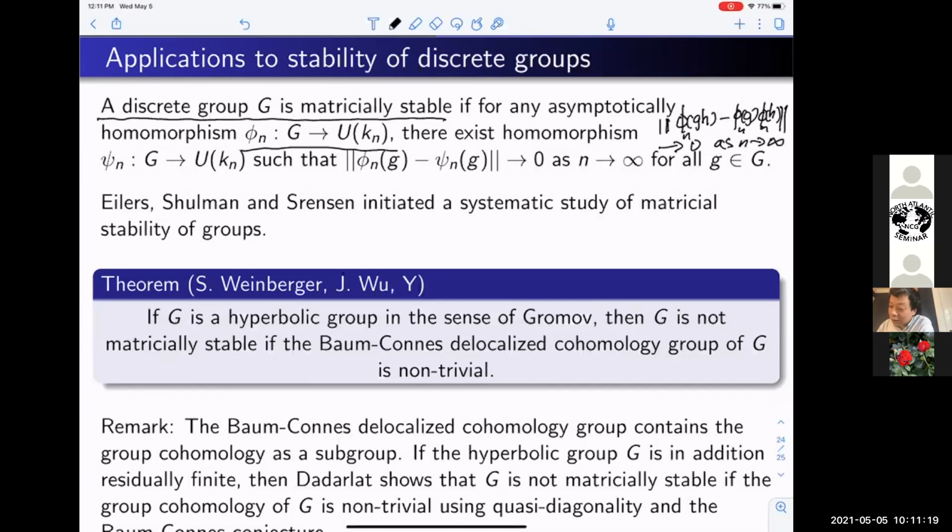So that's what an asymptotic homomorphism is. The question is, can you find a sequence of exact homomorphisms which are very close by? This subject has a lot of references. To my surprise, these are probably one of the first group of people, I think you mean Sorensen.